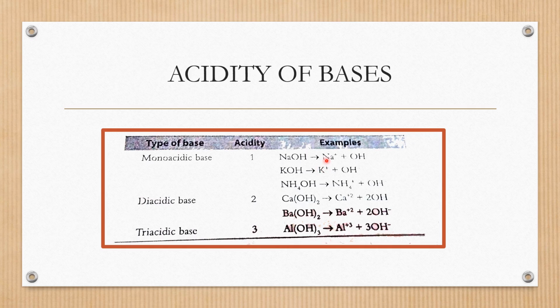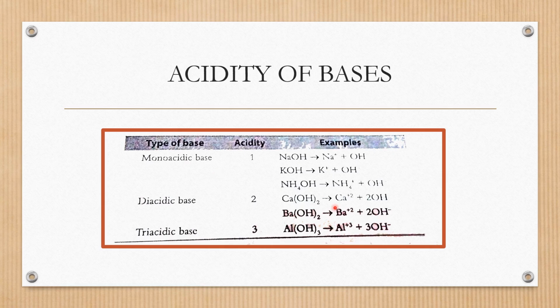All these dissociate to give Na plus and OH minus, K plus and OH minus, NH4 plus and OH minus. In these three, only one OH minus ion is present. We have to add only one H plus ion to neutralize these. So it is a monoacidic base.